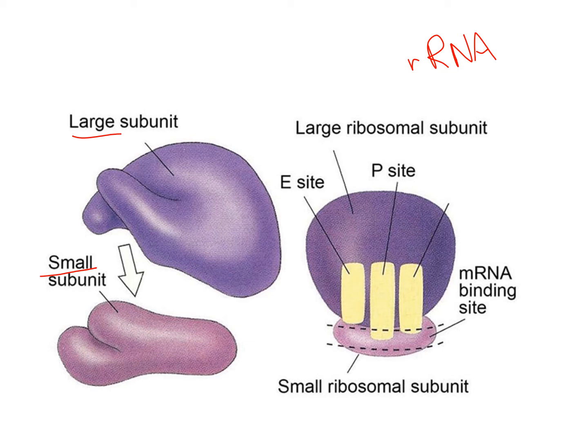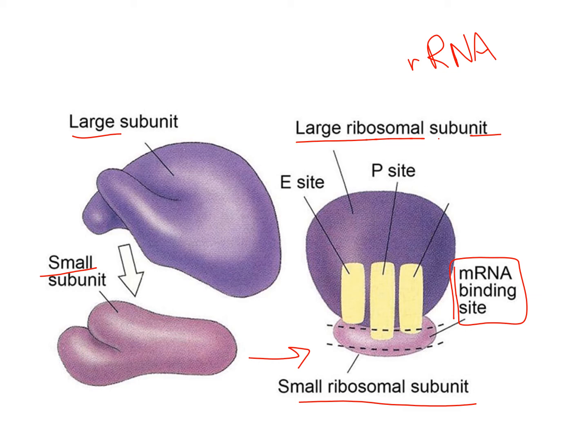The small subunit is what recognizes and binds to the mRNA. So once you have performed transcription and have an mRNA, it's the small ribosomal subunit that will recognize and bind to that RNA. Then the large subunit will come in, and the large subunit has sites for tRNAs.